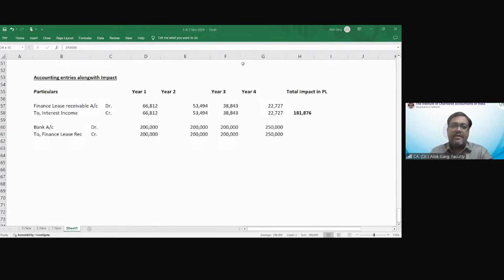Actually, the unguaranteed residual value was 50,000, meaning the lessor was expecting that amount. But the lessee has given a guarantee of 30. It means the remaining unguaranteed portion is only 20, not the entire 50.